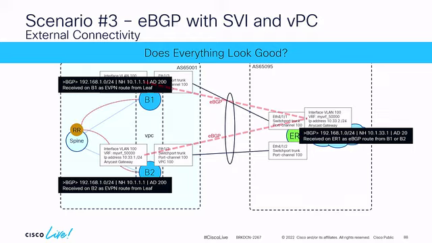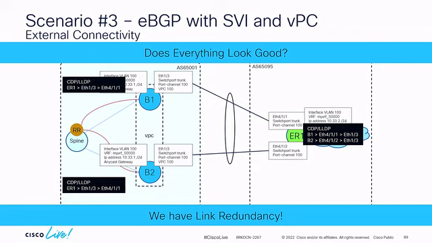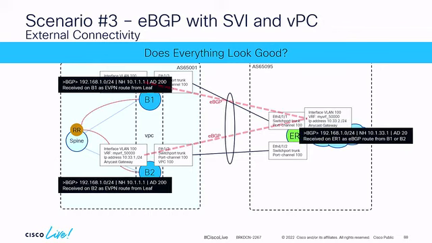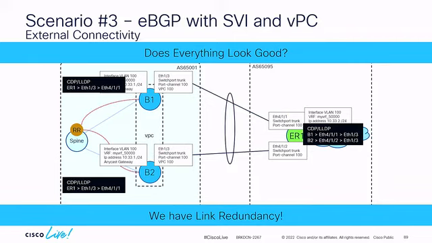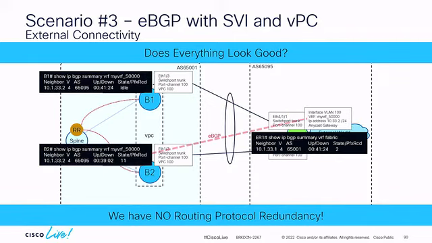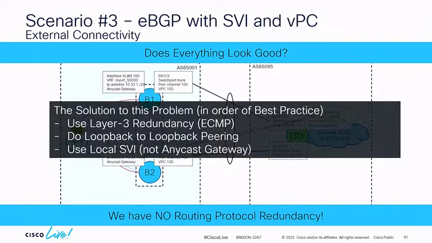I don't know if you need to extend it. I'm just giving you the rule set, right? And that's the point, right? Again, coming back to this slide here. It works somehow, in some way. We have link redundancy. We don't have really routing redundancy at that point. And the solution to your point is I can use local SVIs, not Anycast gateway.